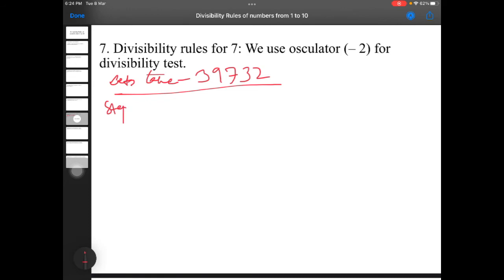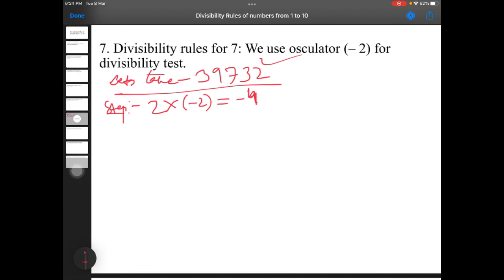Step 1: we separate the unit place of this number. The unit place is 2, so we multiply it by -2 and get -4.